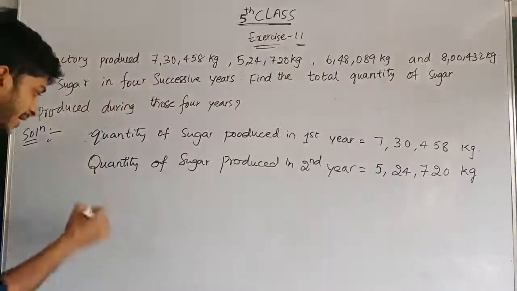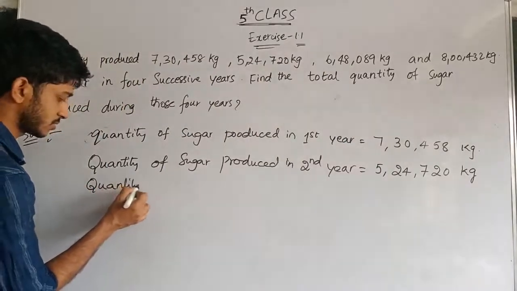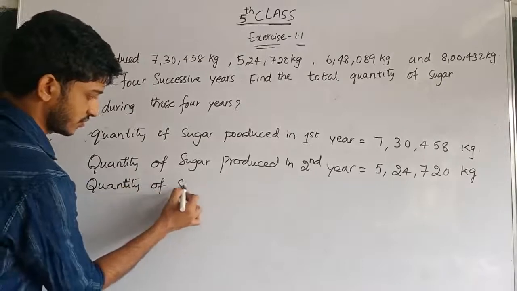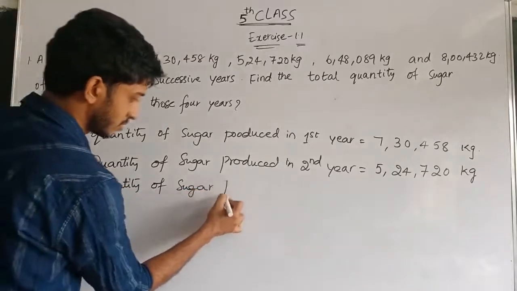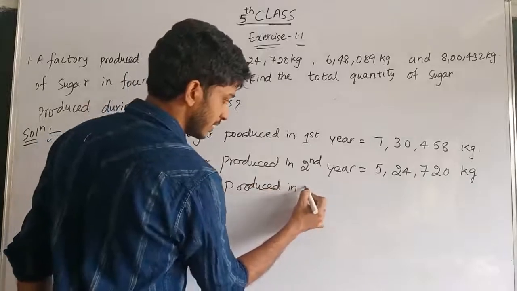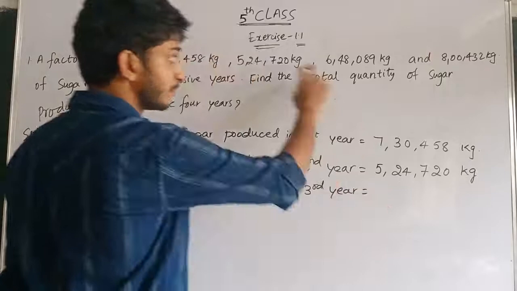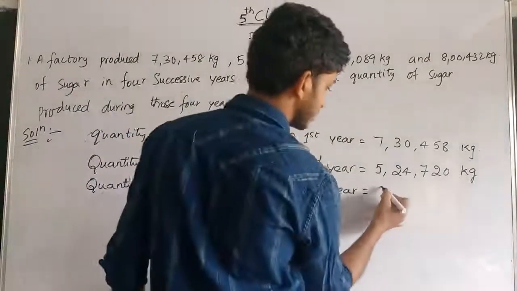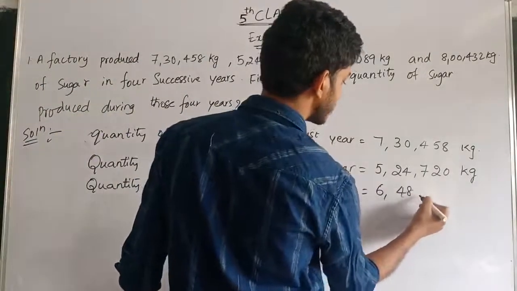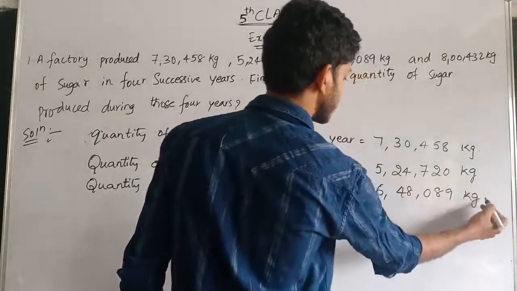And the quantity of sugar produced in the third year is 6,48,089 kgs.